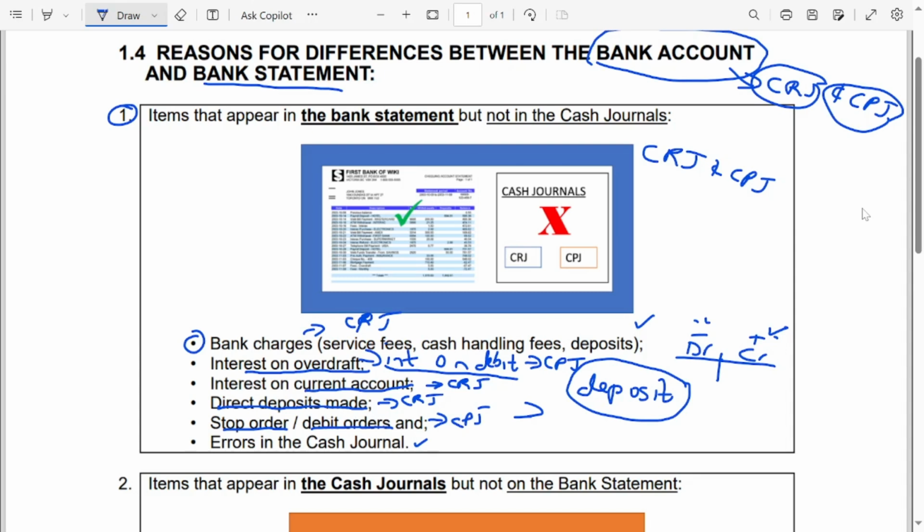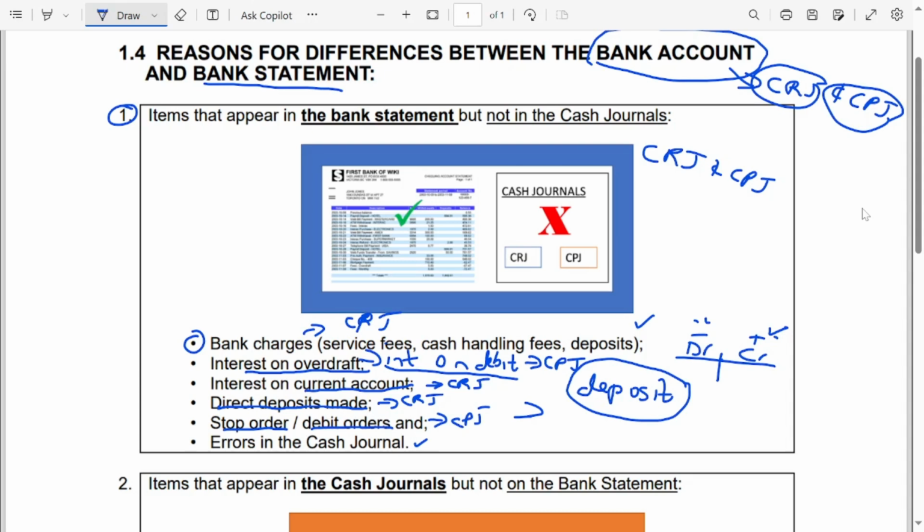We record it in the bank reconciliation because it is appearing in the cash journals or in a CRJ, but it is not appearing in the bank statement.